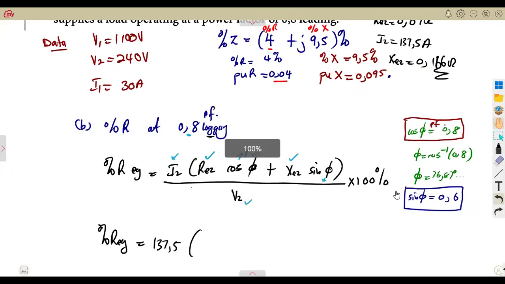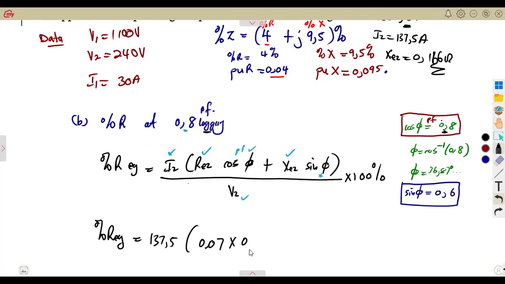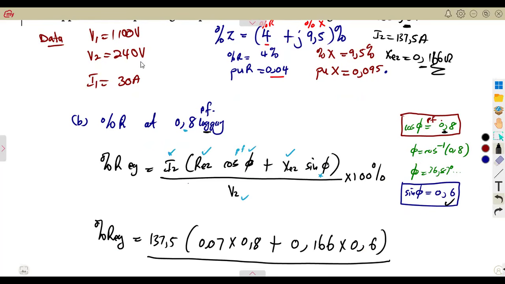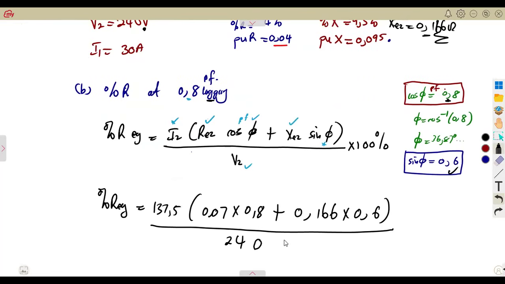If you still remember, when you calculated, that was 0.07, times the cos of phi, which is 0.8, plus XE2, which we calculated was 0.166, times the sine of phi. Substitute 0.6. Everything over V2, the secondary voltage, which is 240. Just like that. So this is multiplied by 100% to give you a percentage.